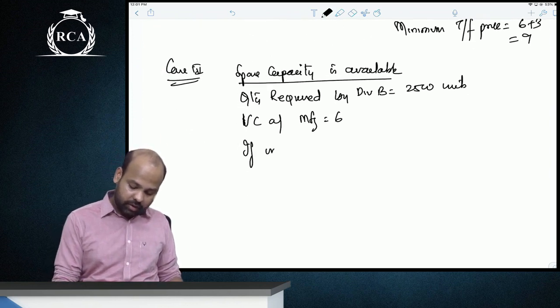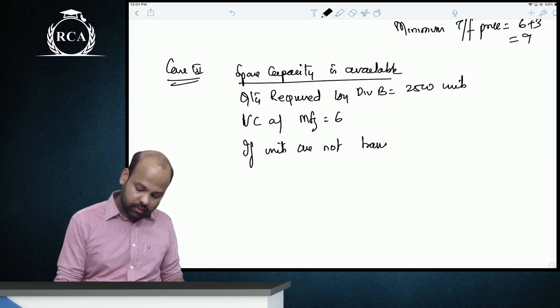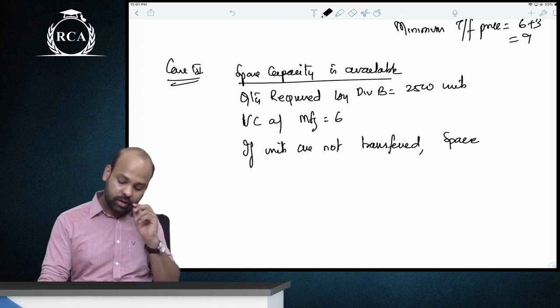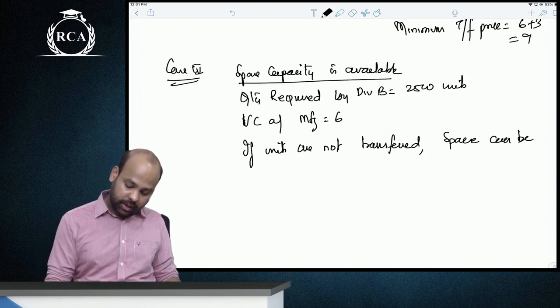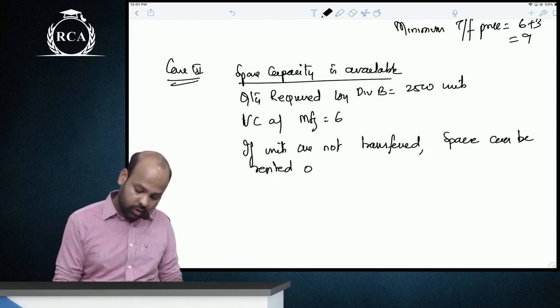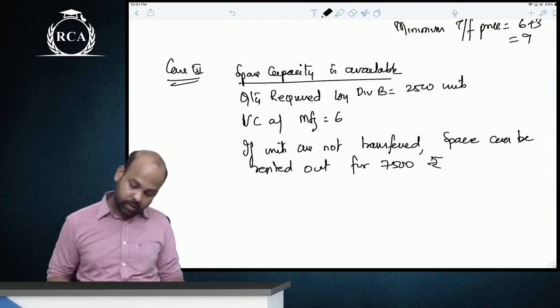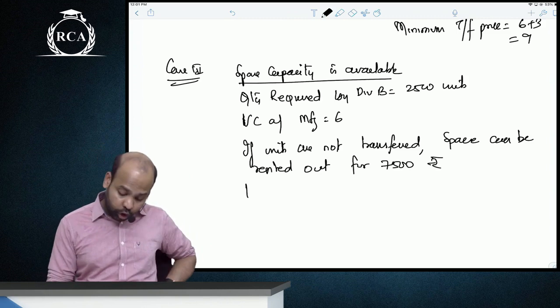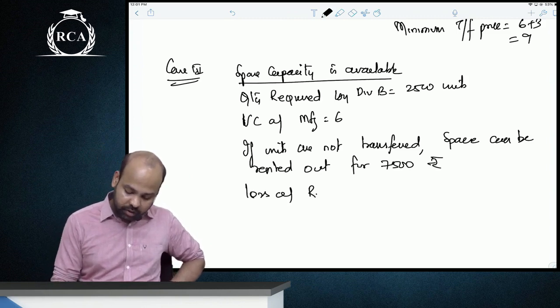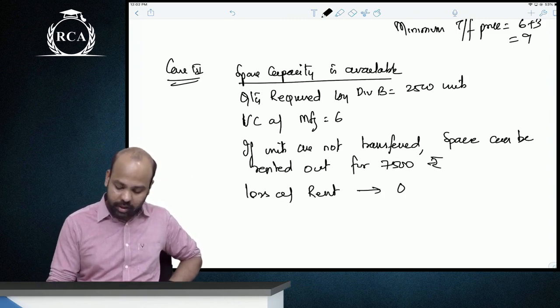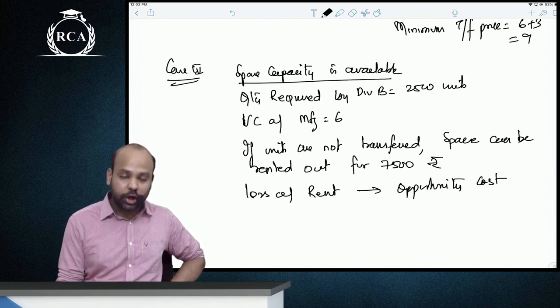If units are not internally transferred, the space can be rented out for 7,500 rupees. Now this loss of rent will become opportunity cost.